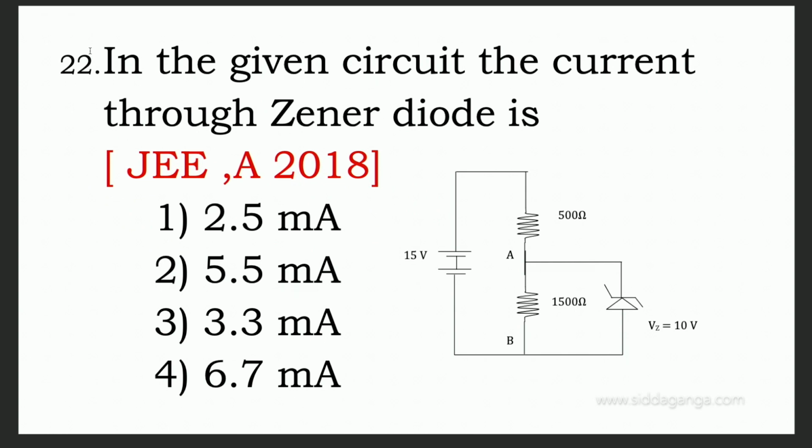So take the question, JEE 2018, question number 22. In the given circuit, the current through the Zener diode is... Let us see, this is a 15 volt supply and there is a resistor in that and another resistor here, and this is connected to a Zener diode.